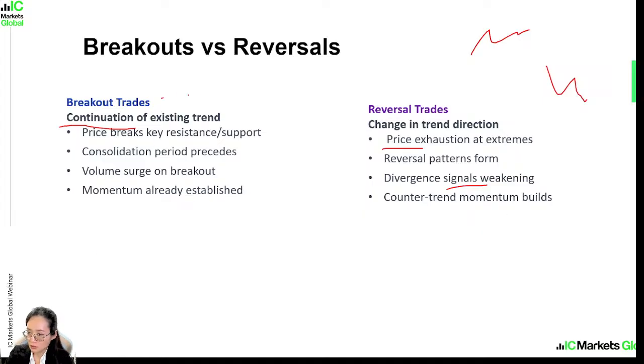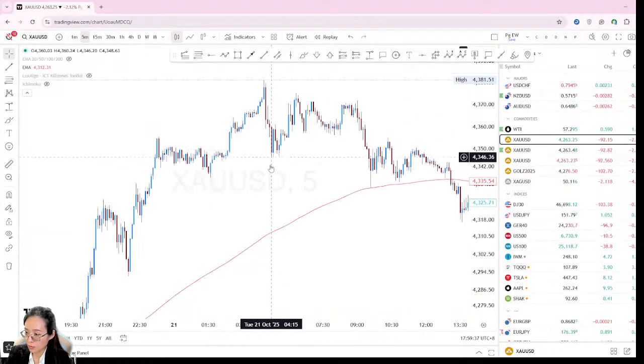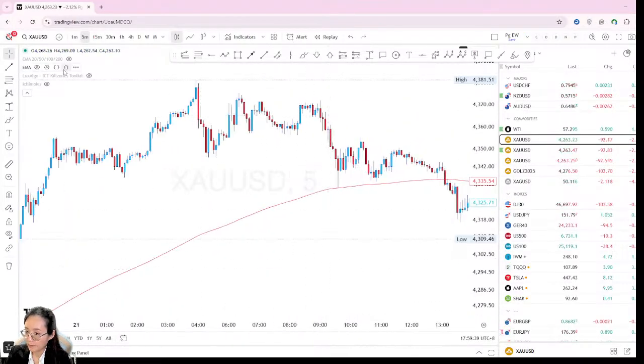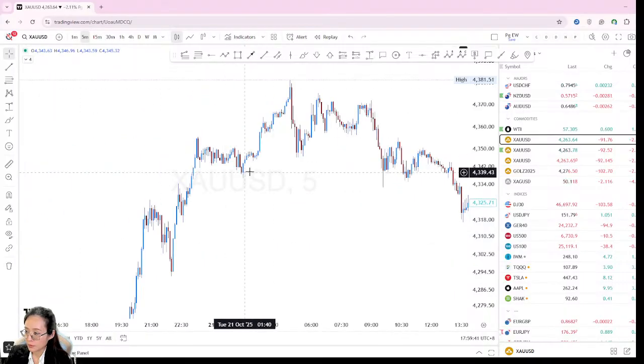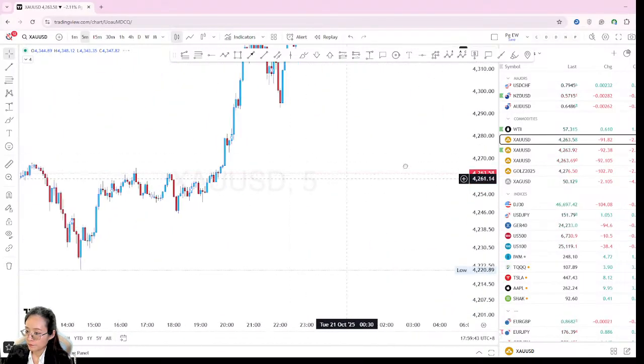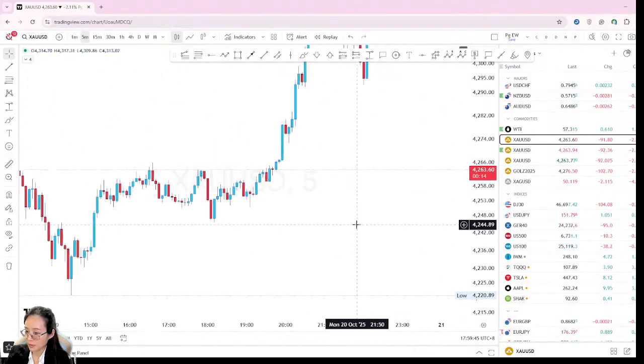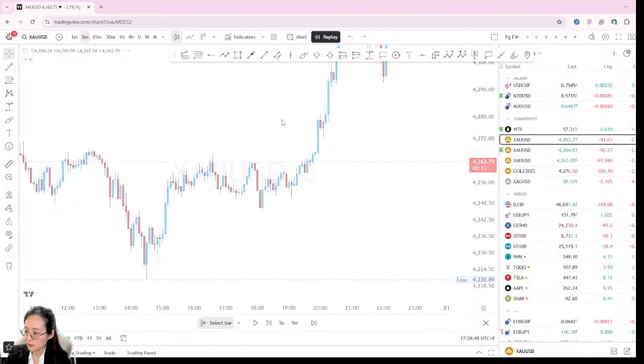So let's just talk about breakout. Let's say you want to trade the breakout for gold, right? Here, I'm going to remove this. The easy one is based on M5. Okay, I'm going to move here somewhere.